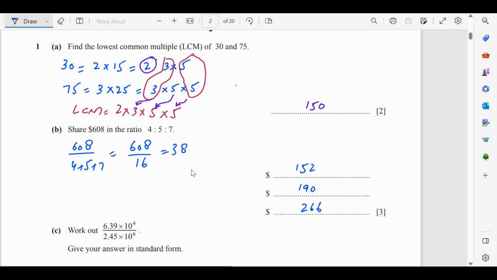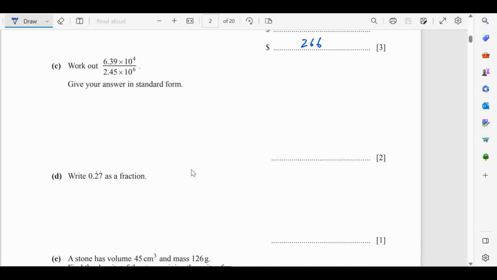Let's move to part C. In part C, work this out and give your answer in standard form. So first of all, we can write it as 6.39 divided by 2.45 multiplied by 10 raised to power 4 minus 6.